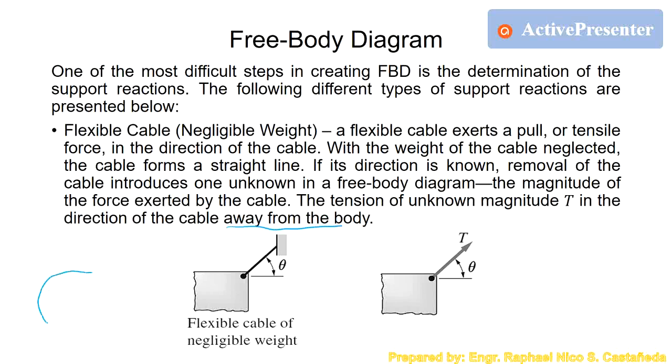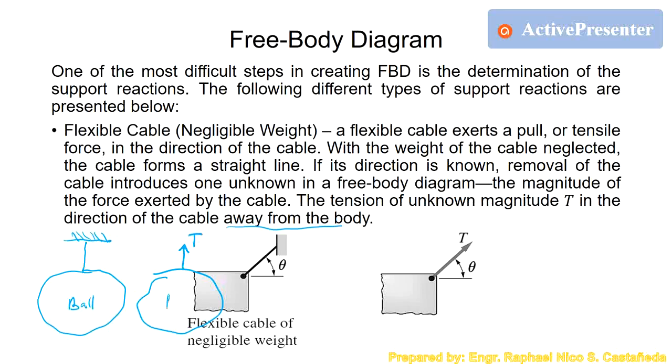If we have here a ball or a body attached to a cable, and you want to draw the free body diagram of the ball, you will apply the tensile force away from the body.